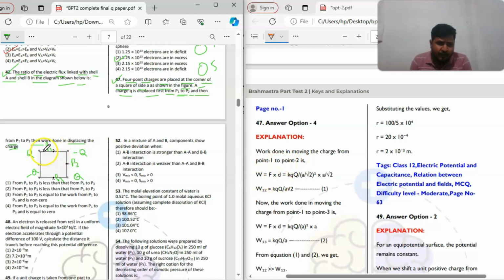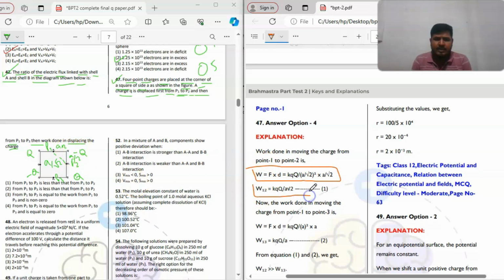This whole side is a, so this is a by 2, and this distance is a by root 2. Now we will use this formula directly. Work done is force into displacement, that is K Q by (a by root 2) whole square, into a by root 2, right? So after solving this, we get Q by a by root 2.